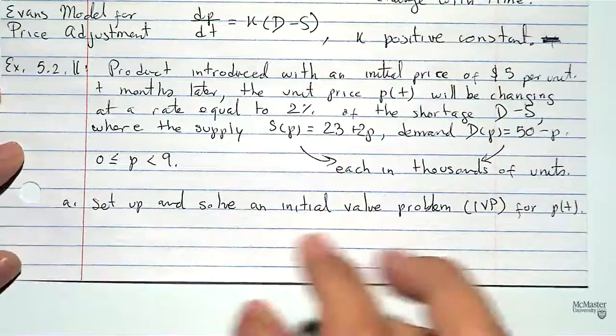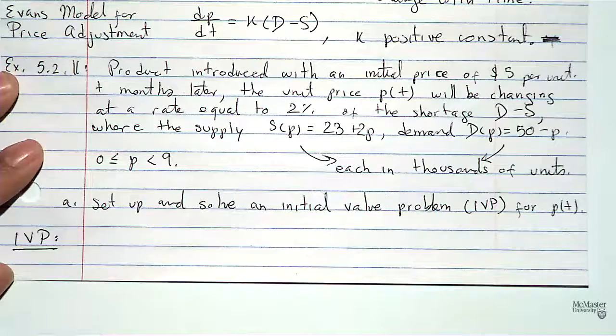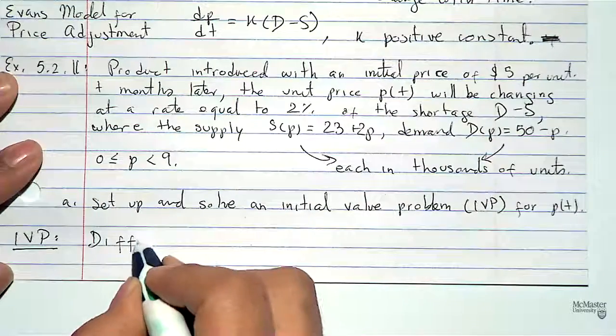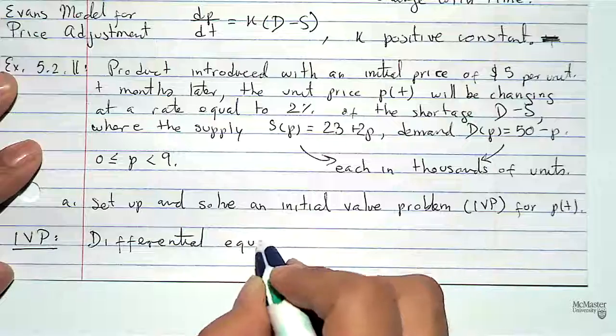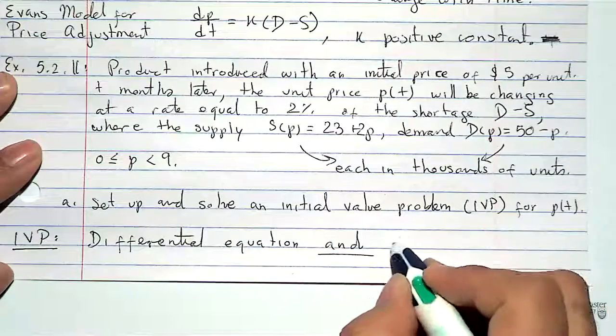So, look, this is actually material from differential equations. So, an initial value problem, when somebody asks you for an initial value problem, what they're asking you is for not only a differential equation, but also for an initial condition.